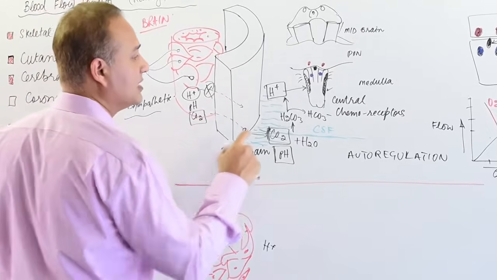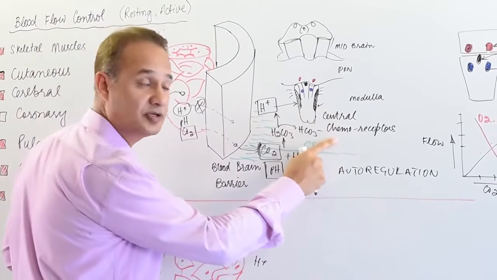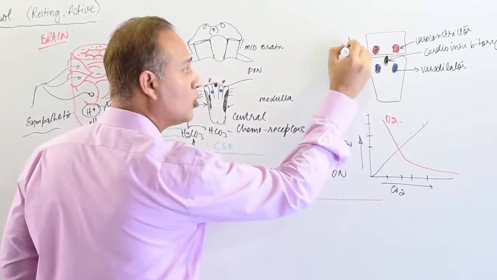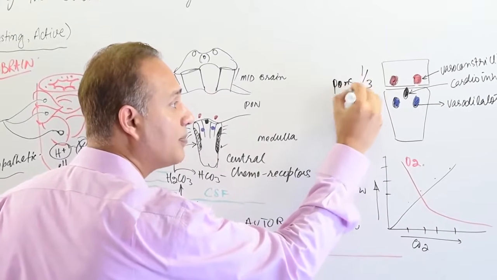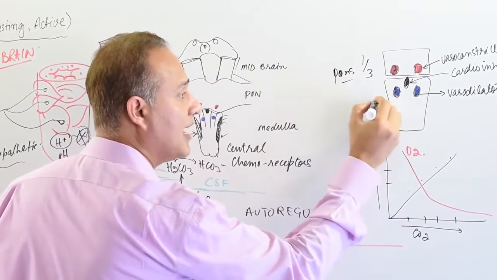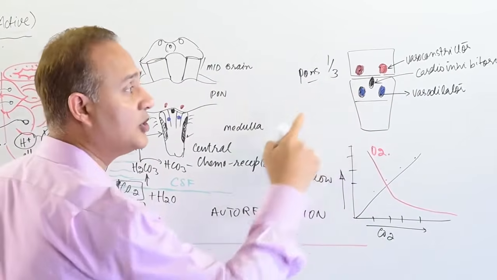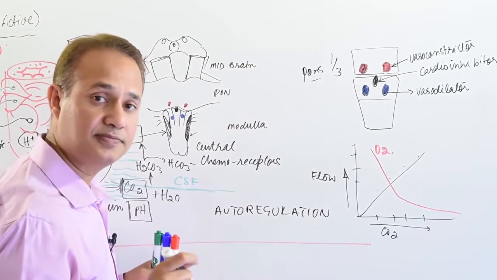So now what happens is, as soon as this central chemoreceptor is triggered, we talked about it in our previous lecture that the lower 1/3 of pons and upper part of medulla has vasoconstrictor, vasodilator, and cardioinhibitory centers in the reticular formation.